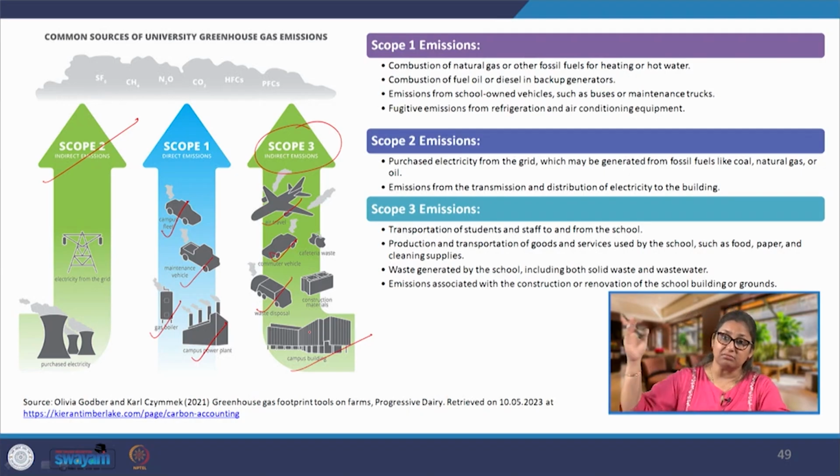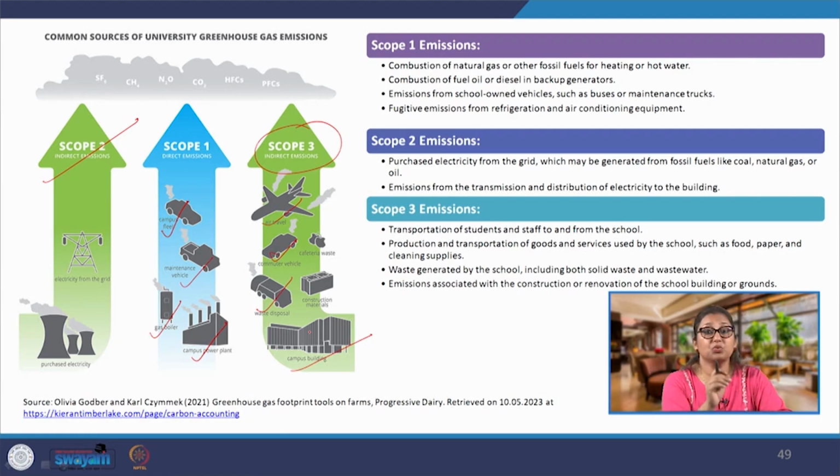Had they been rented or leased buildings, then they would not come here, or depending upon the agreement, some percentage of it will be counted. But if it is an owned building, which often in case of Indian campuses it is the case, then it is going in scope 3.